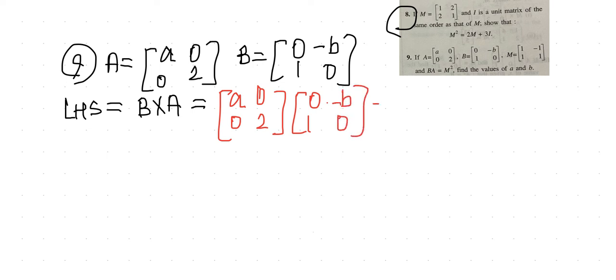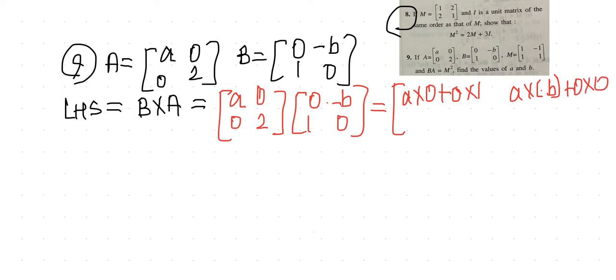So this in turn is equal to A into 0 plus 0 into 1 and then A into minus B plus 0 into 0, and then 0 into 0 plus 2 into 1 and then 0 into minus B plus 2 into 0.